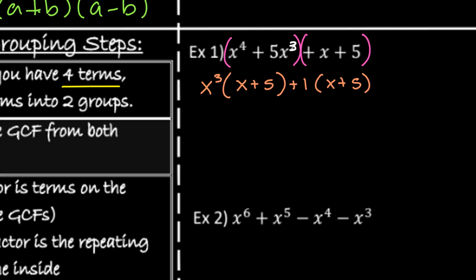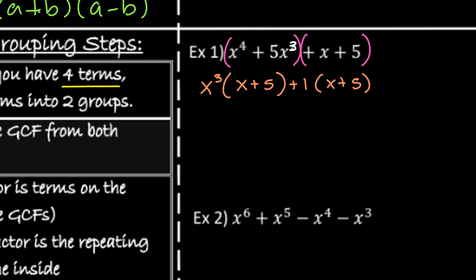Now, if it wasn't the same, and you know for a fact you did everything right, and there are 4 terms, it means that this problem is unfactorable. We won't give you problems like that, but just for future reference, if the insides weren't the same, it means you can't factor something out.